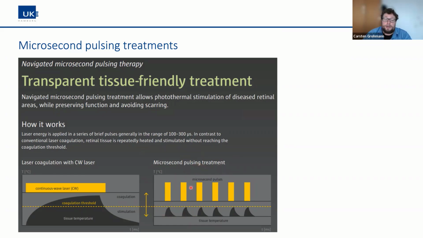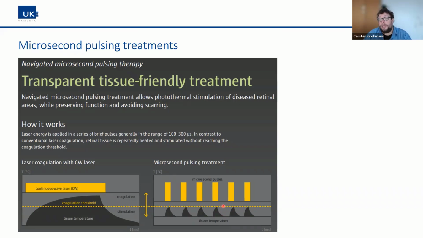Because for the micropulse treatment, you don't have a continuous wave, you have microsecond pulses, so the tissue temperature does not reach the coagulation threshold. So there is a modulating of the retinal pigment epithelium, a modulating of the retina. There is something ongoing, but no coagulation.